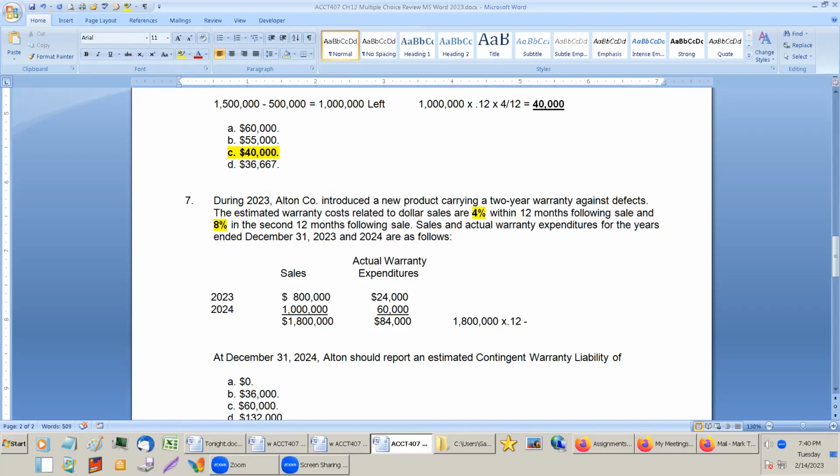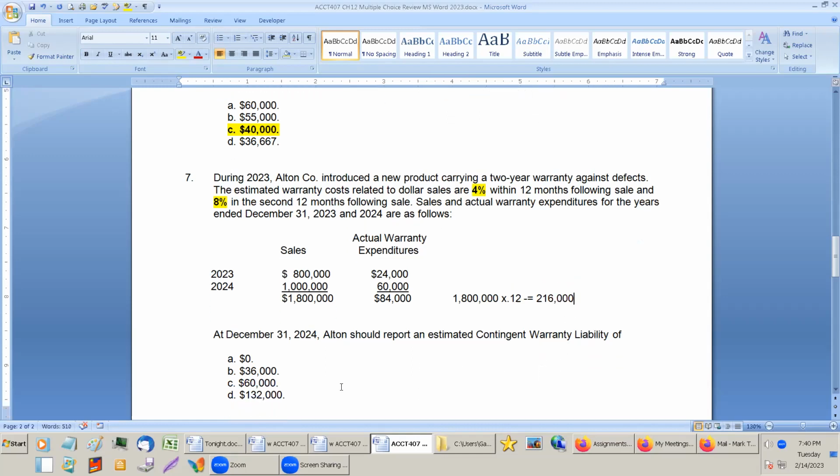Equals 216,000. And you're right, it is that number, because it is 216,000 minus the actual of 84.